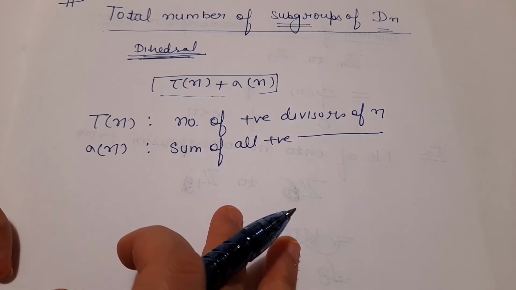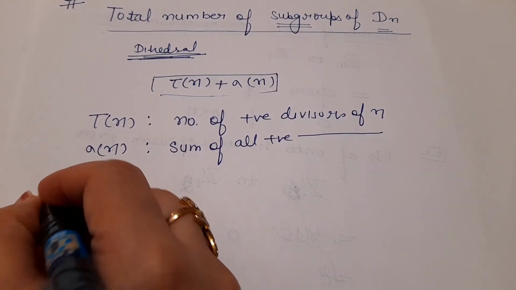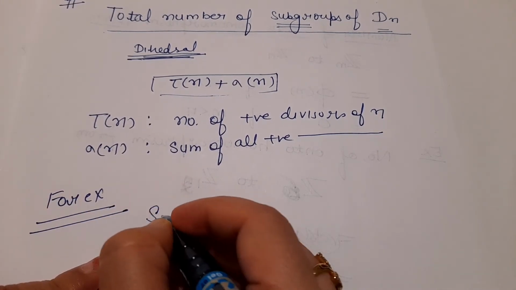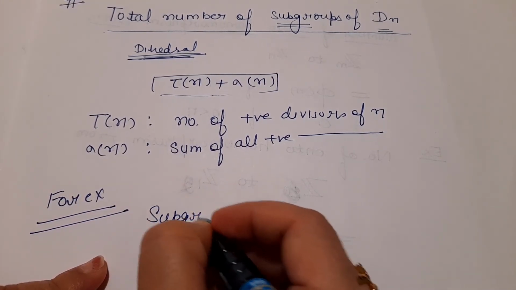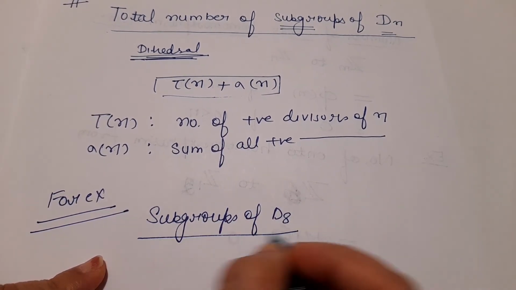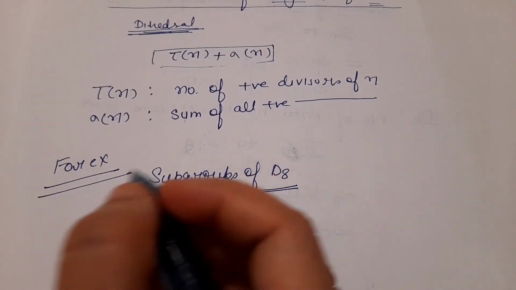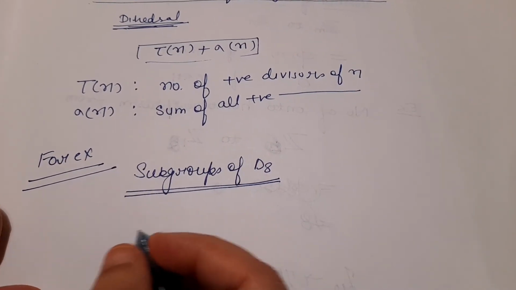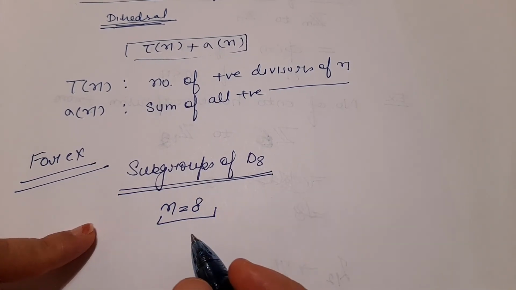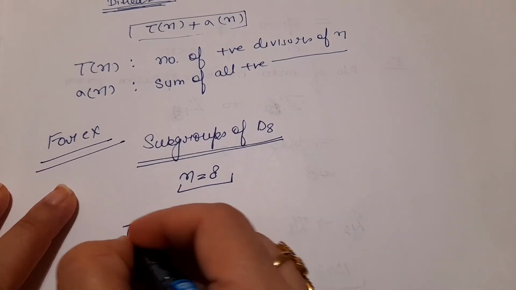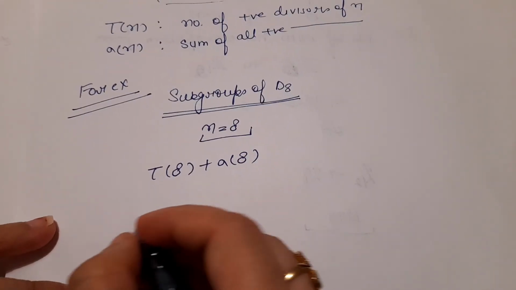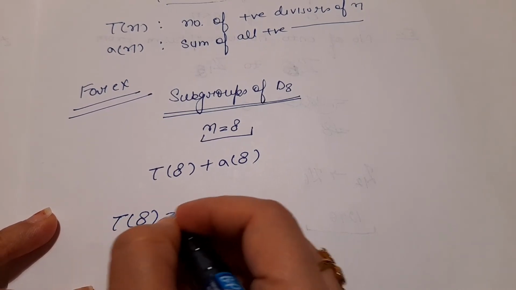For example, if we want to calculate the total number of subgroups of D8, which has both cyclic and non-cyclic subgroups, n is 8 here. So the total number of subgroups will be equal to tau 8 plus sigma 8. What is tau 8?